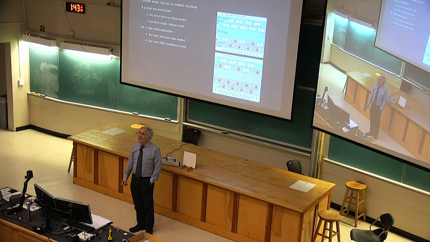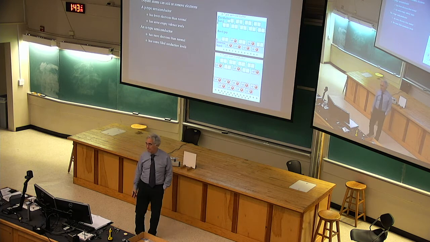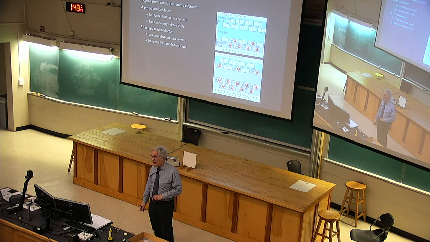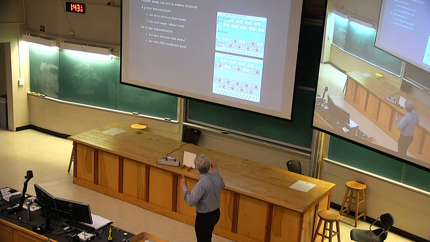And the result is that it's given another name. It's called N-type semiconductor because it's negative. I'll give you the story behind why it's called P-type versus N-type. The N-type is easy.